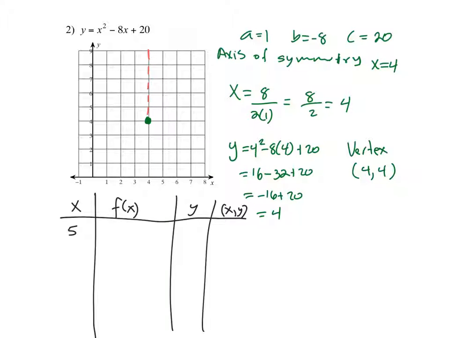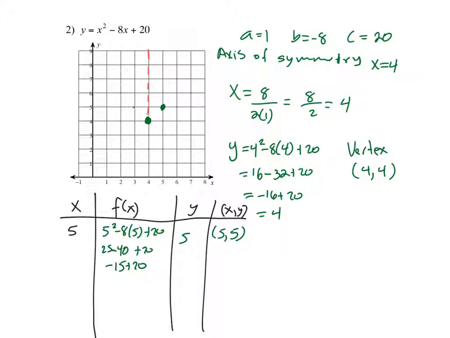So 5 squared minus 8 times 5 plus 20. It's 25 minus 40 plus 20. Negative 15 plus 20 equals 5. So this is the point 5, 5. So I get this point right here.